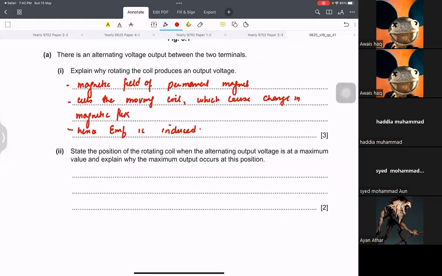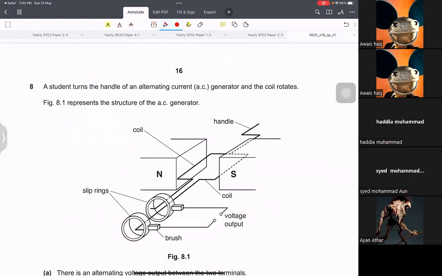Now state the position of the rotating coil when the alternating output voltage is at maximum. Explain why maximum output occurs at this point. So whenever it is in the horizontal direction, the field is going to cut it the most.